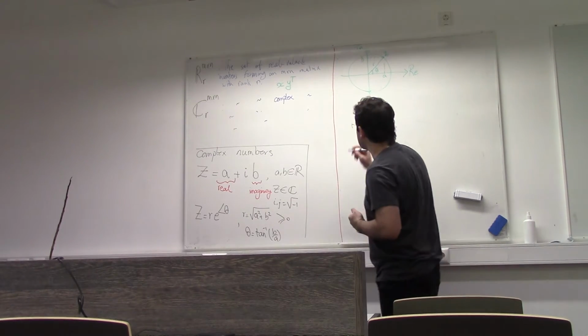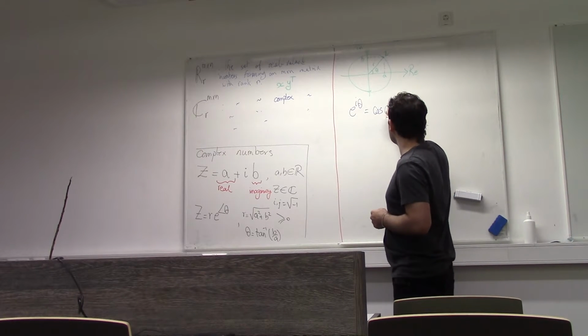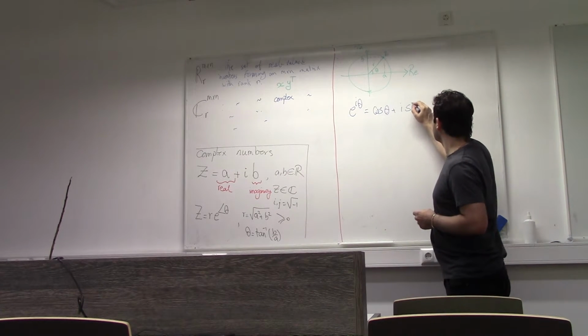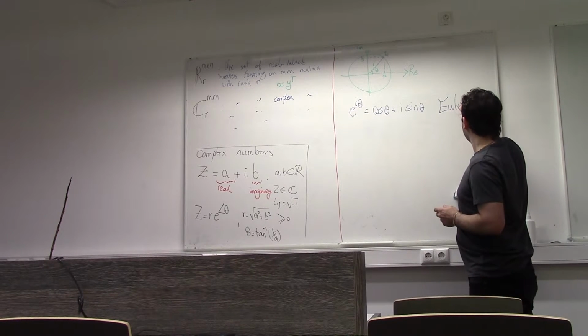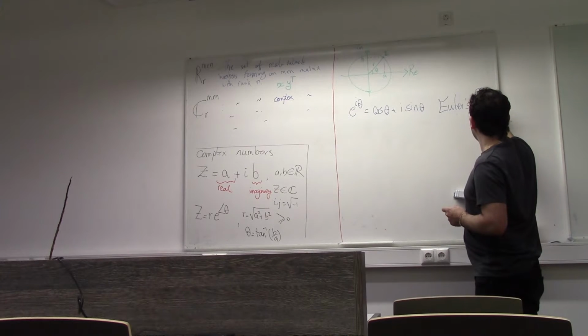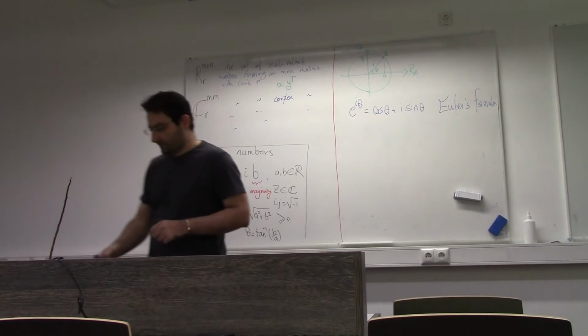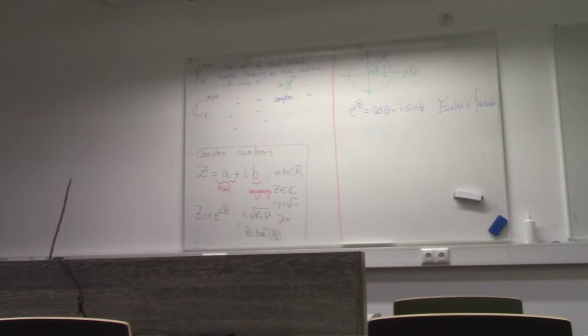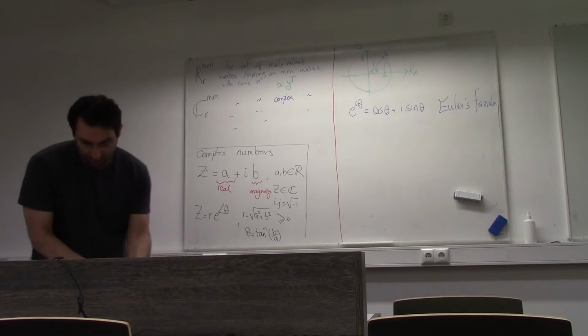And then we had this famous formula, e to the power I theta is cosine theta plus I sine theta, and we call it Euler's formula. I think knowing these few things is enough for you to handle any type of complex numbers that we have inside this course.